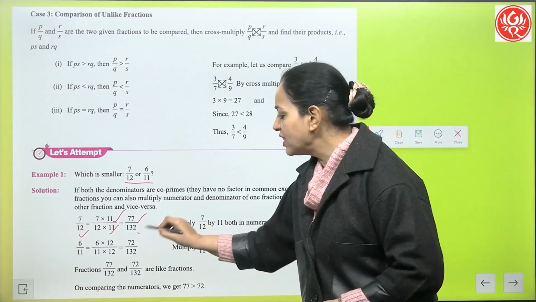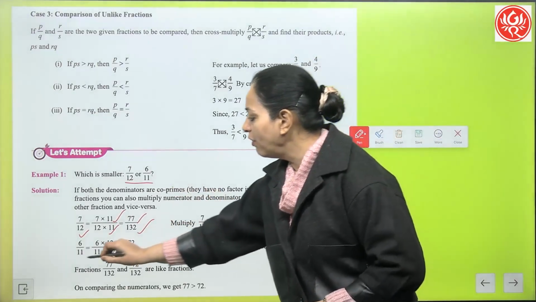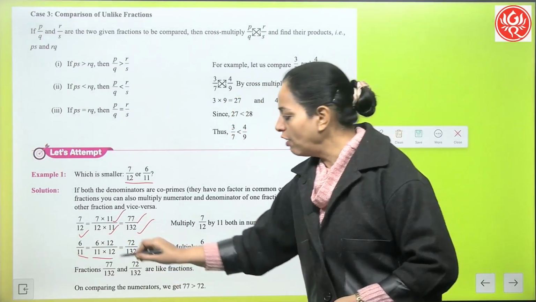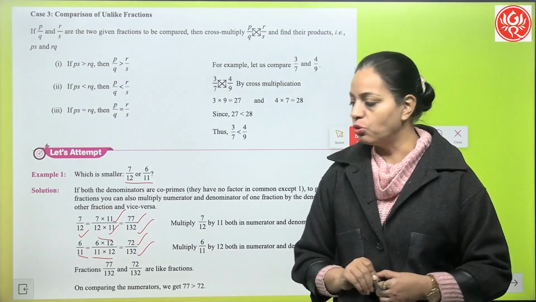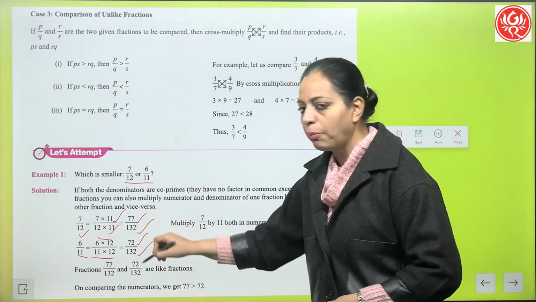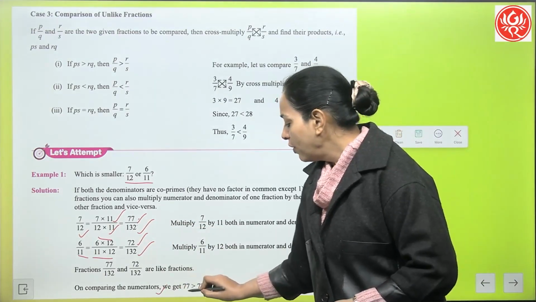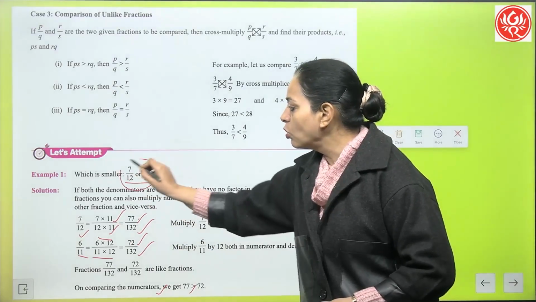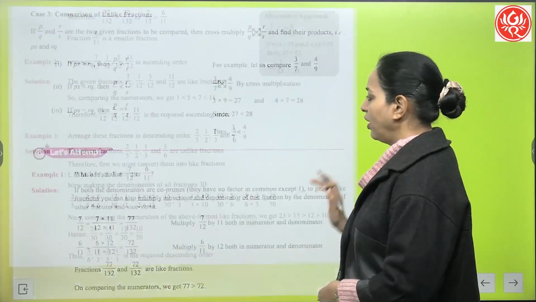So that is 77/132. अब 6/11 है, so 11 into 12, 6 into 12, 72/132. So the first is bigger. Now these are like fractions, we can compare them. The first one is bigger, so that's why 7/12 is bigger than 6/11.